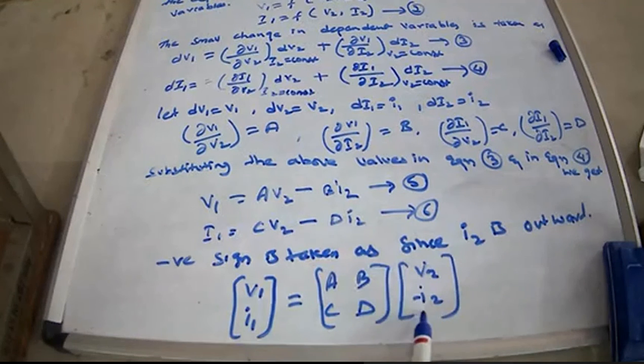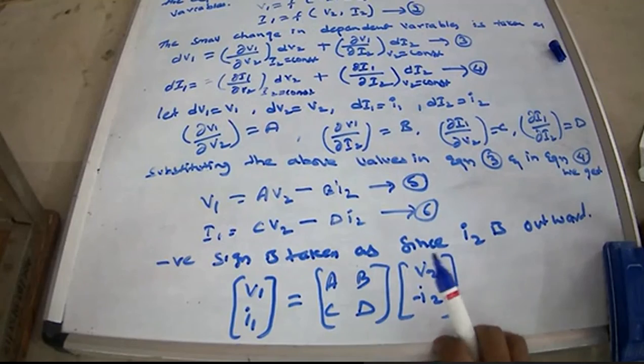Here the minus we are taking directly on this side. So this is our case. Now based on that we will go for finding case 1, case 2, case 3 and case 4. Let's see how it will work out.